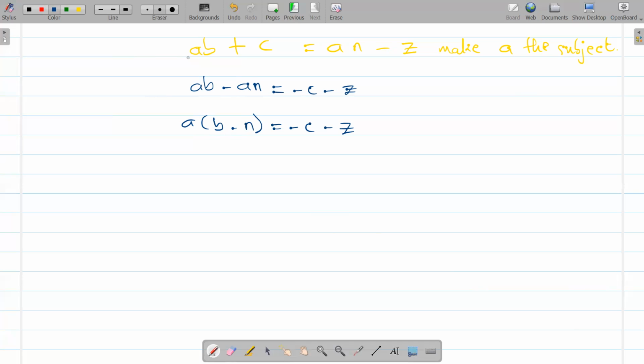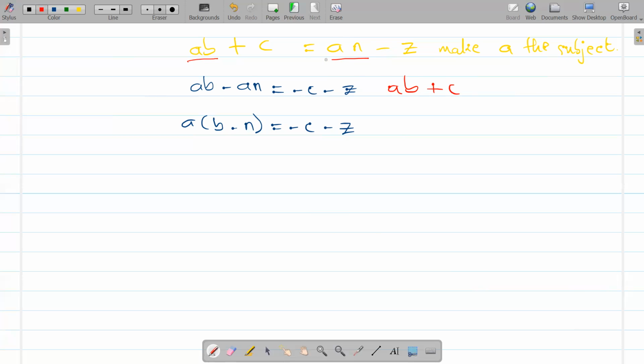Okay, you watch here. You see we have AB, we have AN. So step by step, I will need to group this on one side. So AB plus C, and I'm moving this AN to the other side, but this AN is positive.